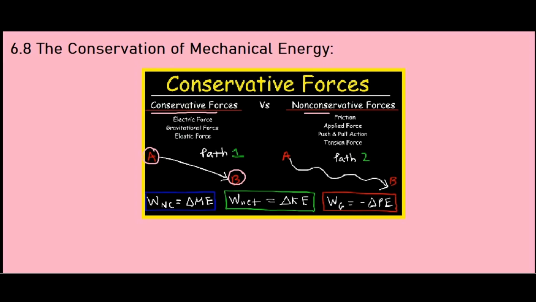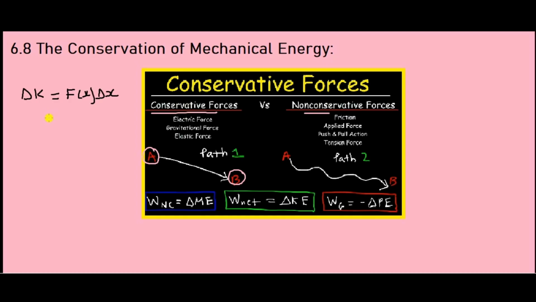So as a result of the conservative force, the object is going to have a change in energy, which can be written as the change in kinetic energy, given by F(x) times delta x according to the work-energy theorem.